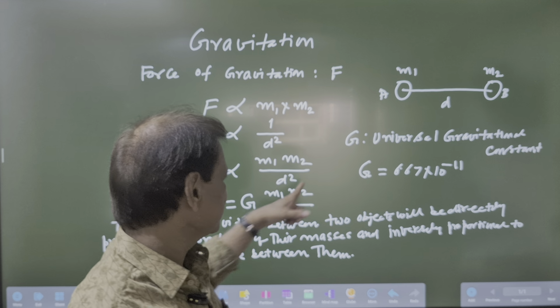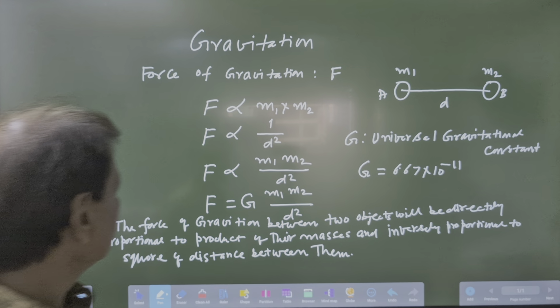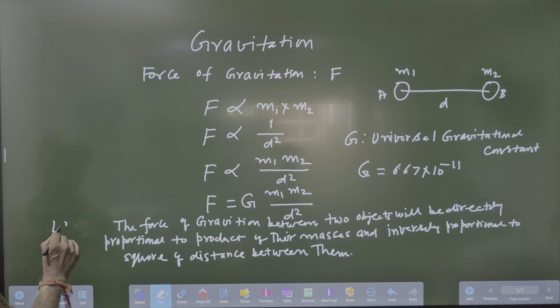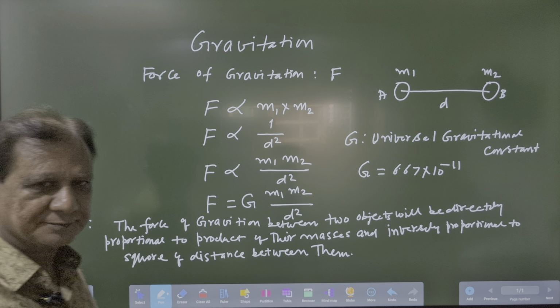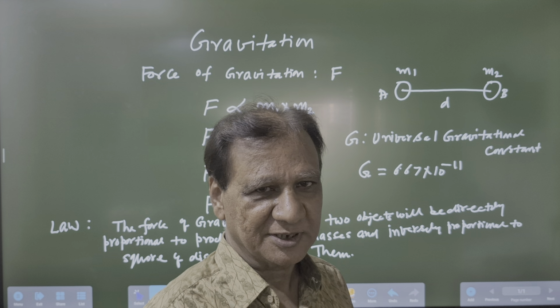Square d, where d is the distance, so the square of the distance between them. So this is the law of force of gravitation. I hope you understood. Now we will go next.